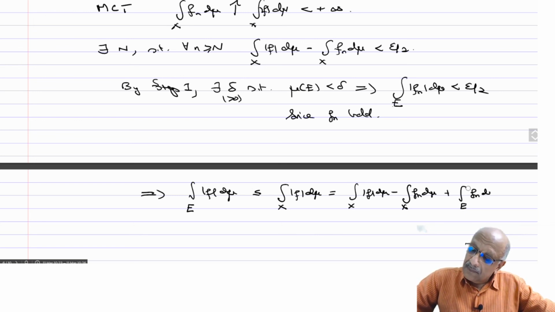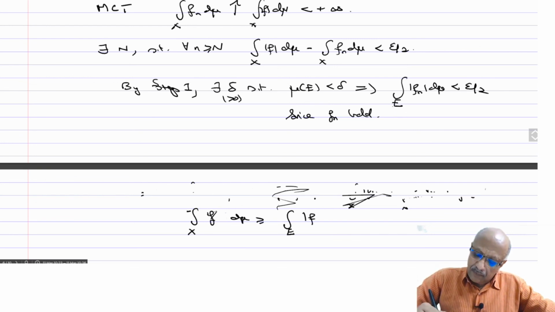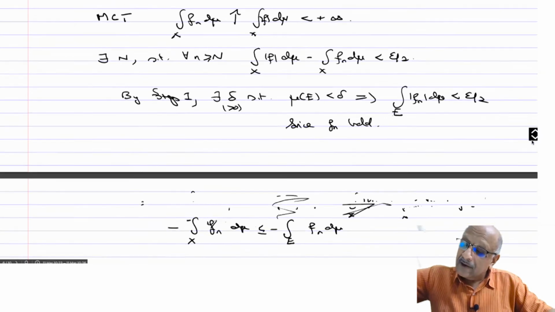Sorry, just a minute. Okay, so let me scratch this out. The integral over X of f_n d mu is bigger than or equal to the integral over E of f_n d mu. So you have minus of this is therefore less than or equal to minus of this. Okay, now we are through.